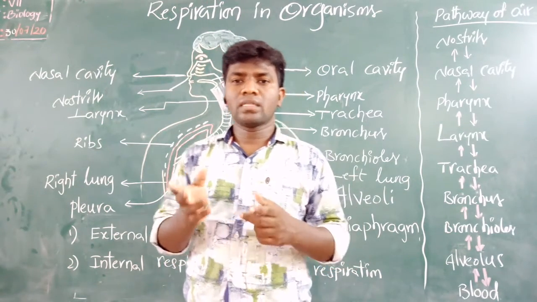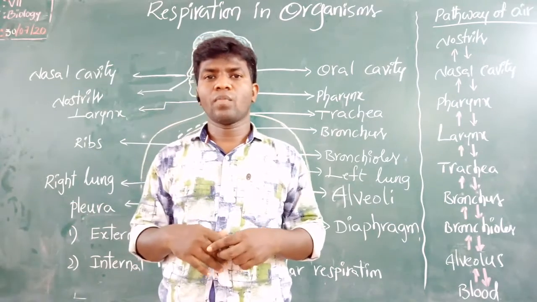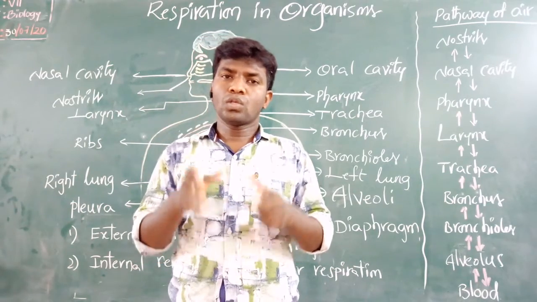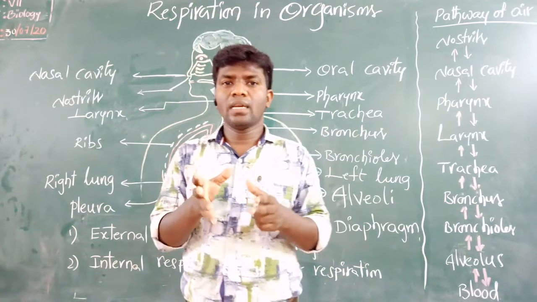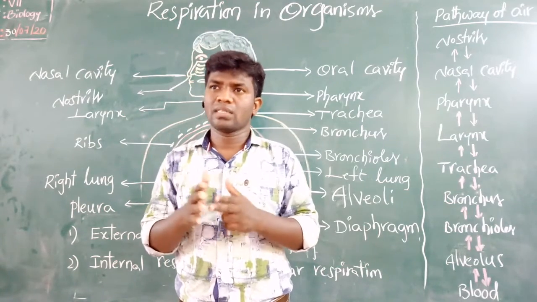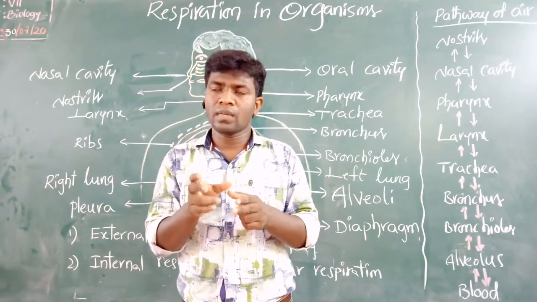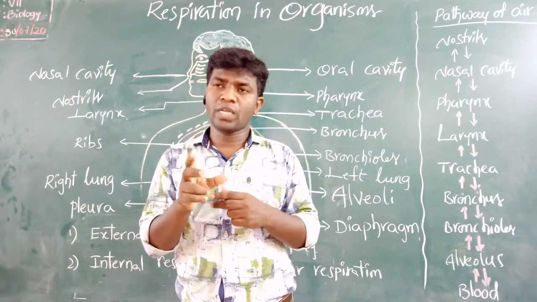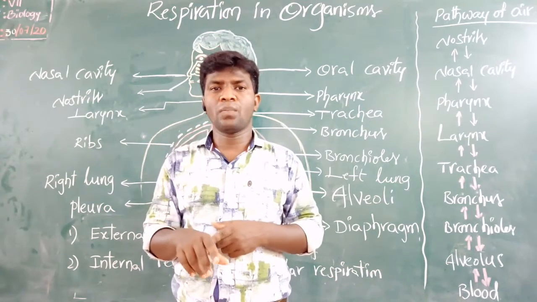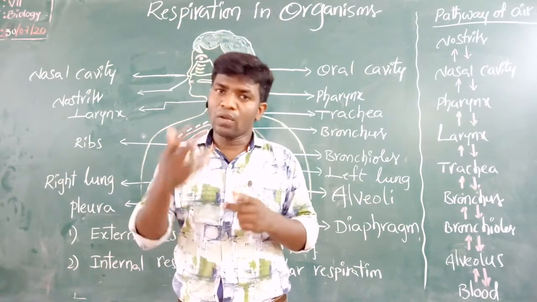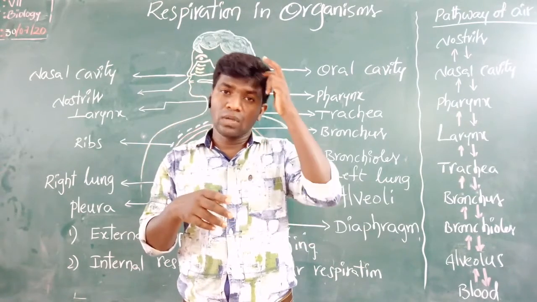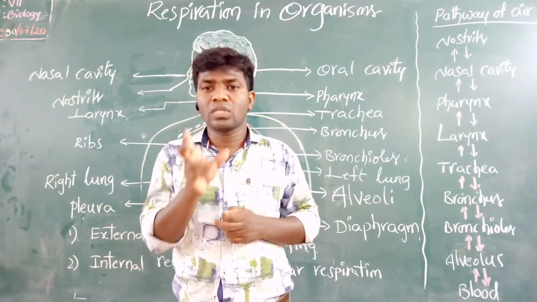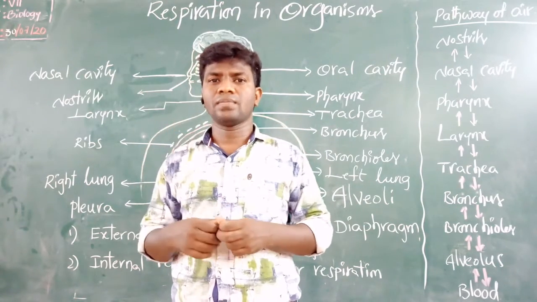What is internal respiration or cellular respiration? Internal respiration or cellular respiration is a biochemical process that involves the oxidation of glucose. Actually, the oxidation of glucose is giving us energy.